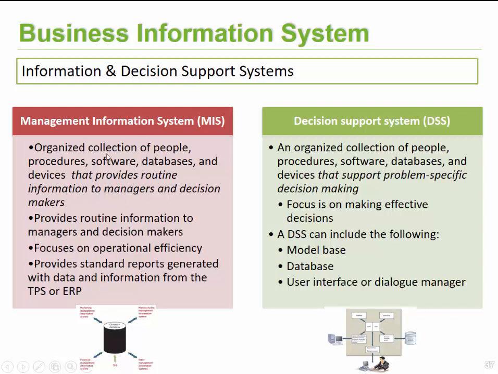So all the components that we discussed in a previous section will be used in order to achieve a particular goal. So for a MIS system, the idea is that it's going to provide routine information to our managers as well as our decision makers. And this will allow them to ensure that our company is run in a functional, efficient manner.